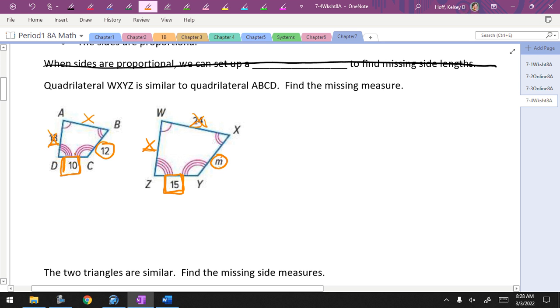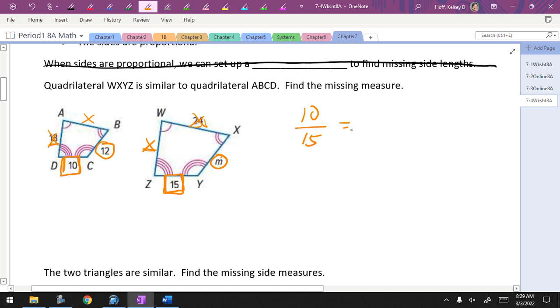All right. We set up 2 things that go together. I need the shape that has 2 numbers. What 2 numbers go together? 10 and 15. So I'm going to put 10 over 15. Both of those had squares around them. Now my other ones are 12 and M, but I have to decide which one goes where.